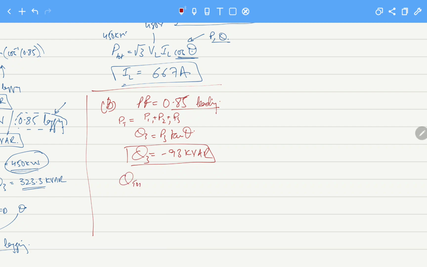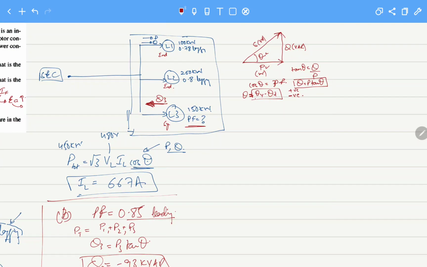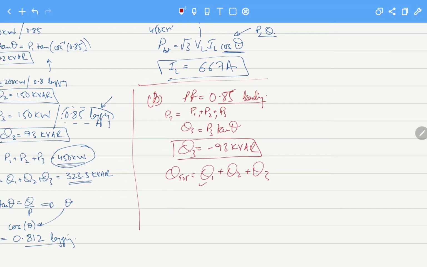So Q total will now change, that is equal to Q1 plus Q2 plus Q3. Q1 will remain the same because it keeps absorbing, its power factor is the same. Q2 is absorbing, it will remain the same, but only for the synchronous motor we have changed the excitation and it is now providing Q3.